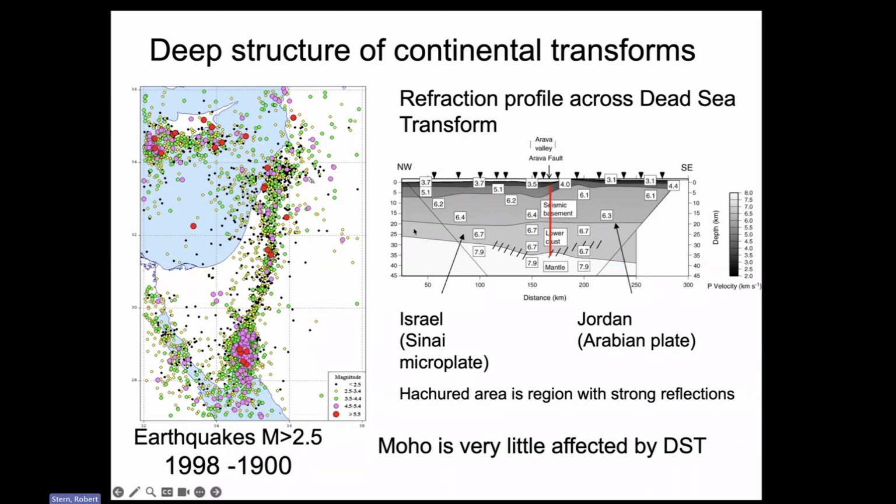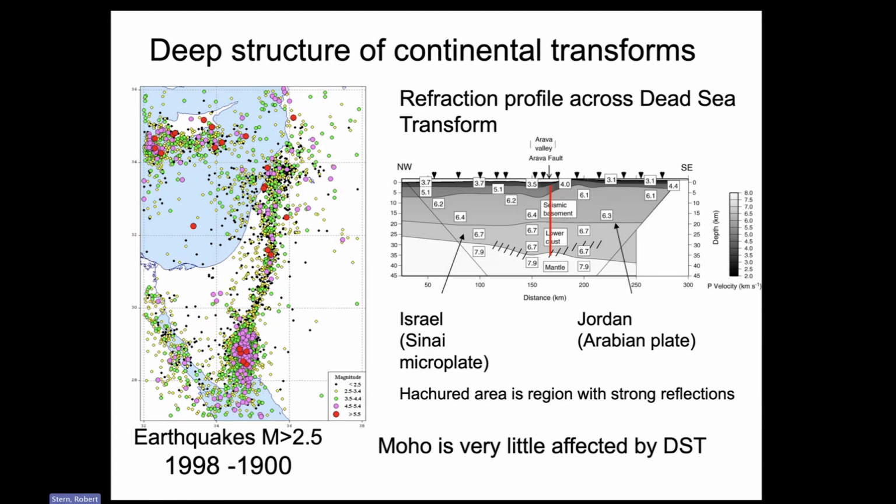So here we're going from Israel on the Sinai microplate to Jordan, around here. So we're in the transtensional regime. And as we might expect, the crust is slightly thinned, right? It's not very thinned, but it's slightly thinned. And you look at this and you go, that's interesting.